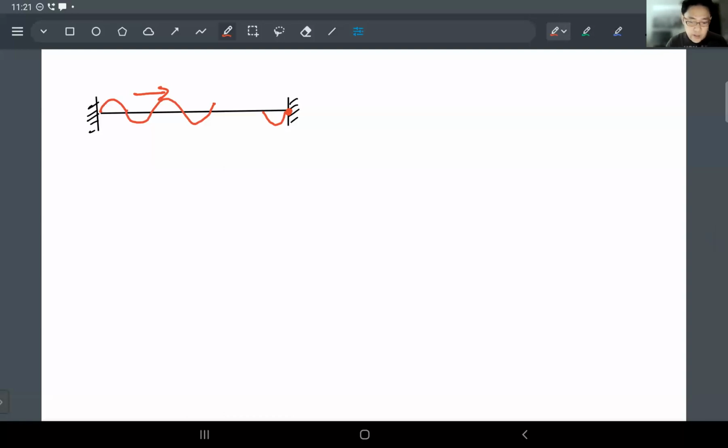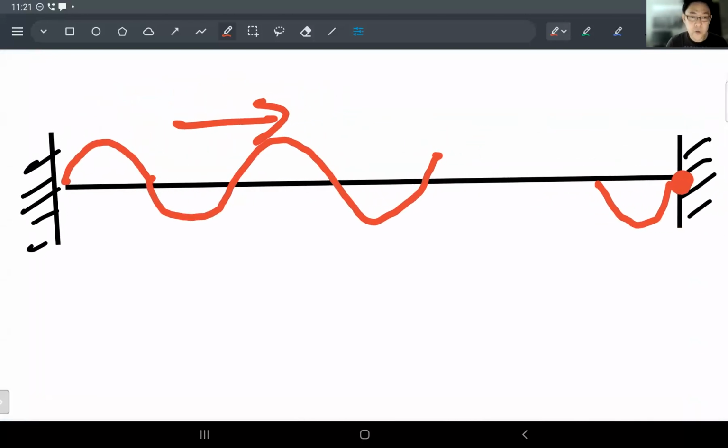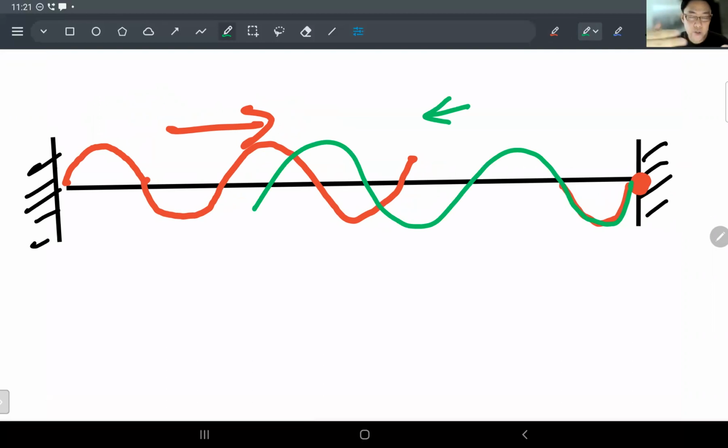So if you only focus on the region in the middle, in between the two, it's exactly the same scenario as having two waves traveling in opposite directions, merging, superimposing, and giving the resultant wave.